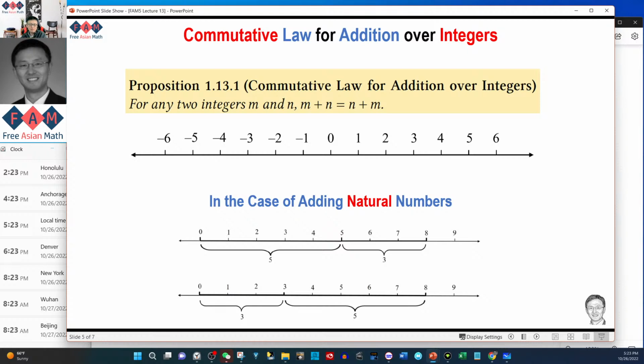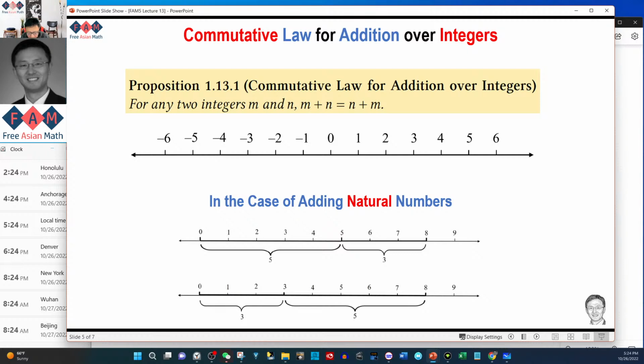However, remember last time we gave this a very easy geometric interpretation, an intuitive interpretation on the number line. This is what we dealt with. It gives you not a rigorous proof, but an intuitive understanding. We have two natural numbers, m plus n.